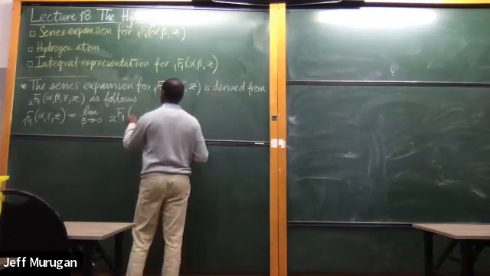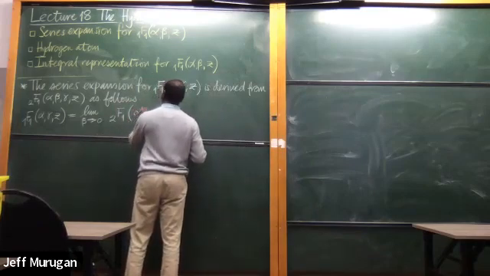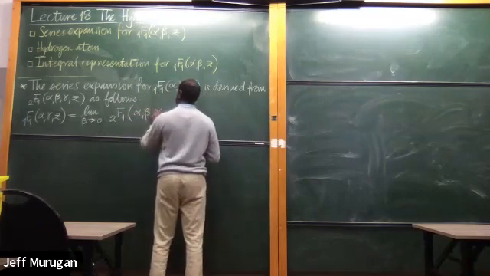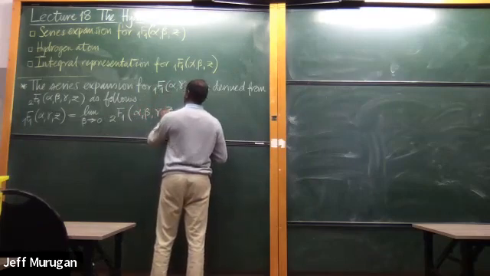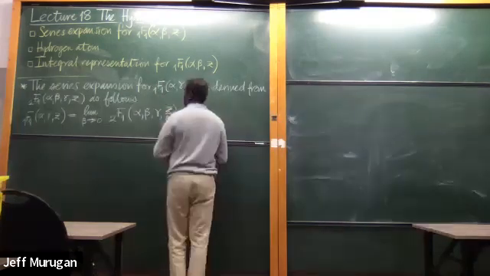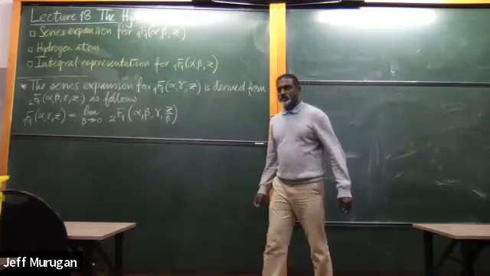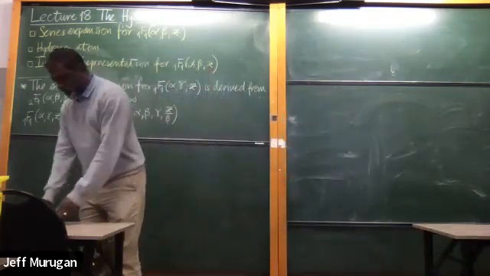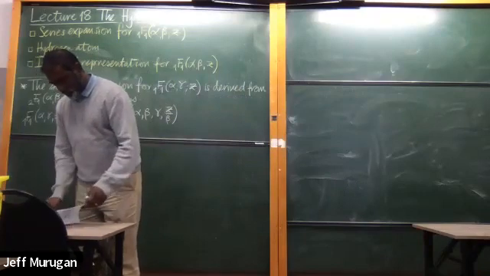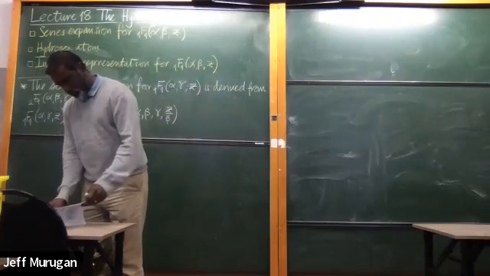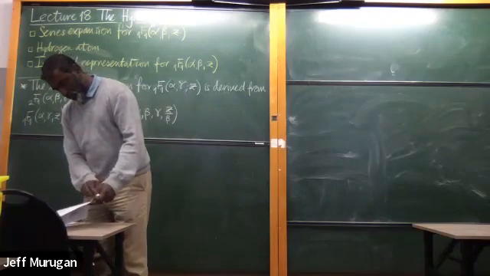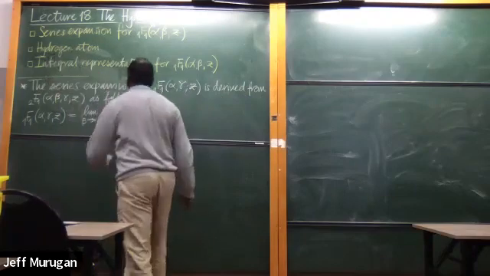So that's the same as taking the following limit: F(alpha, beta, gamma; z over beta), and then taking beta to infinity.